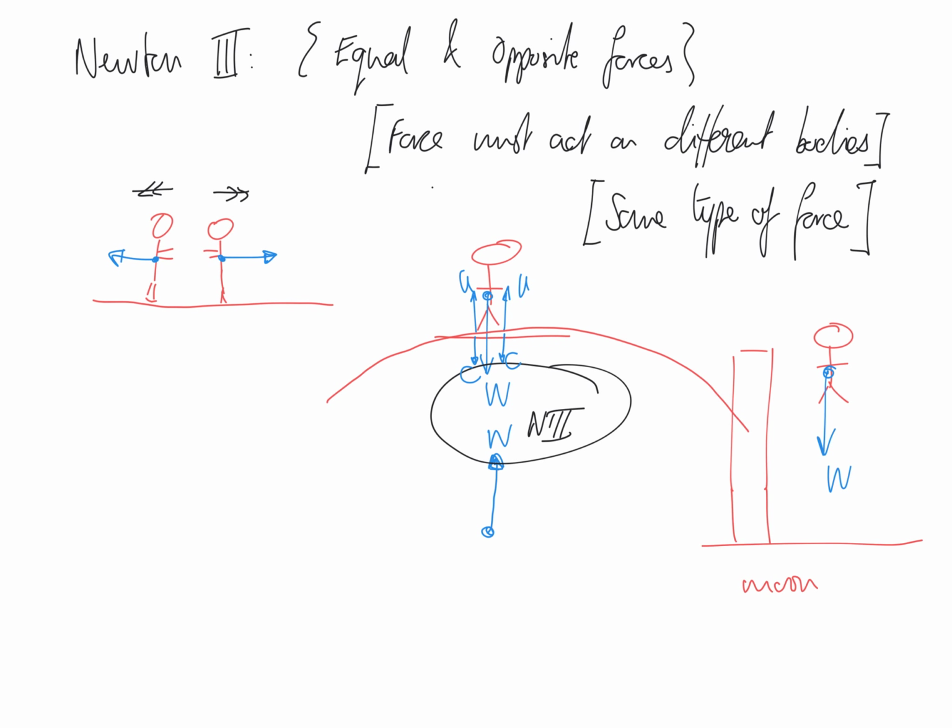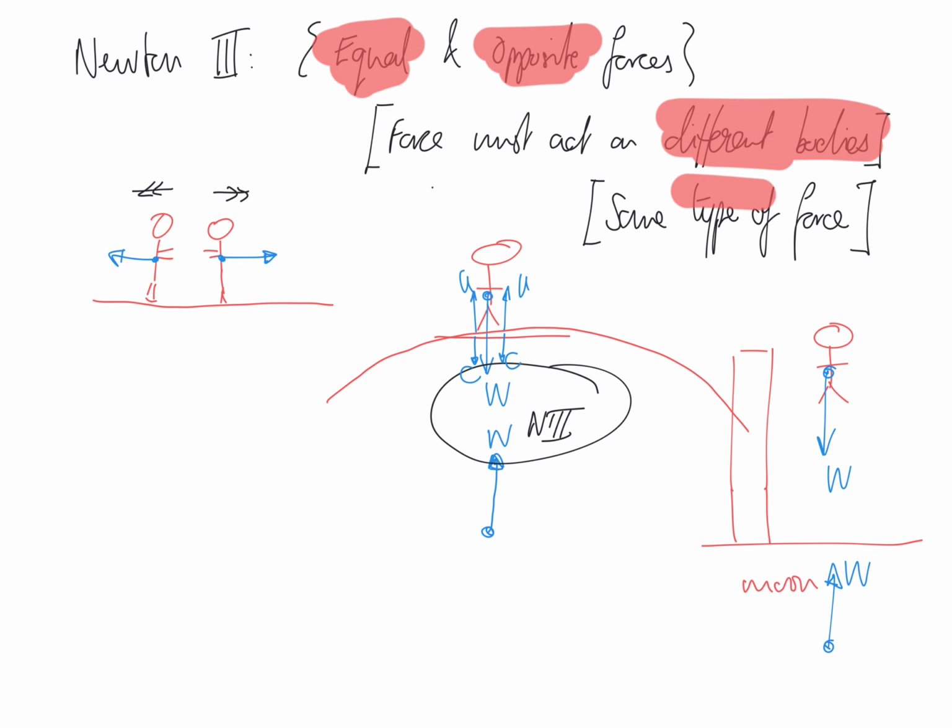And only then are you properly convinced that you're pulling the moon up with the same amount as the moon is pulling you down with. A Newton 3 pairing. So, important here, very important in actual fact, is that they are equal, they are opposite, they're on different bodies under the same type of force present.